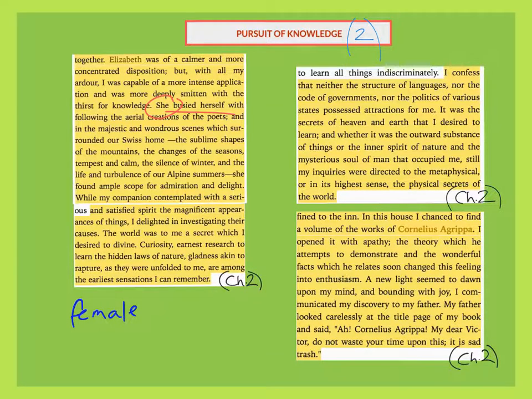Elizabeth was of a calmer, more concentrated disposition, but with all my ardour I was capable of a more, look at that comparative adjective, privileging himself really, and his fields of study and discipline compared to the mere, I guess you've got to be a bit misogynist and patriarchal here, the mere and lesser topics of poetry and nature.